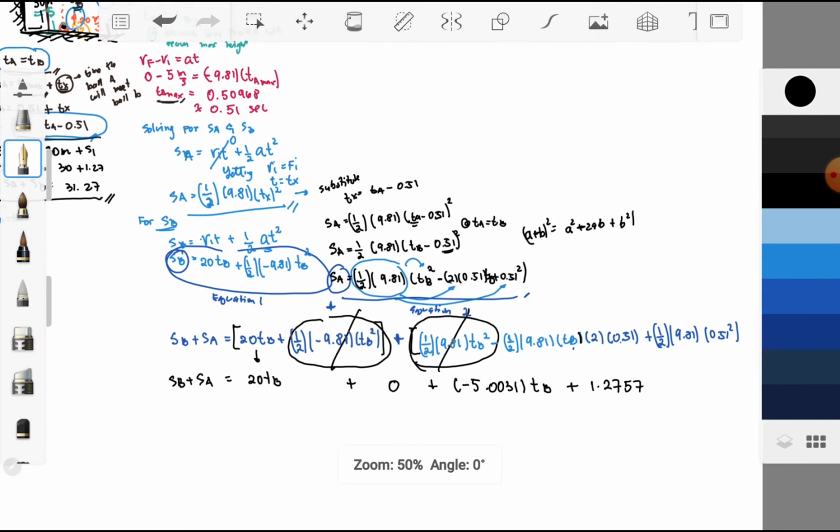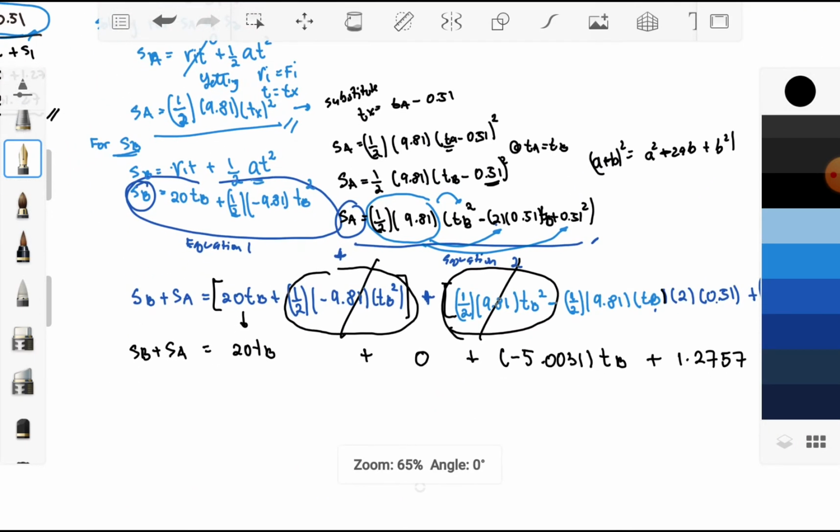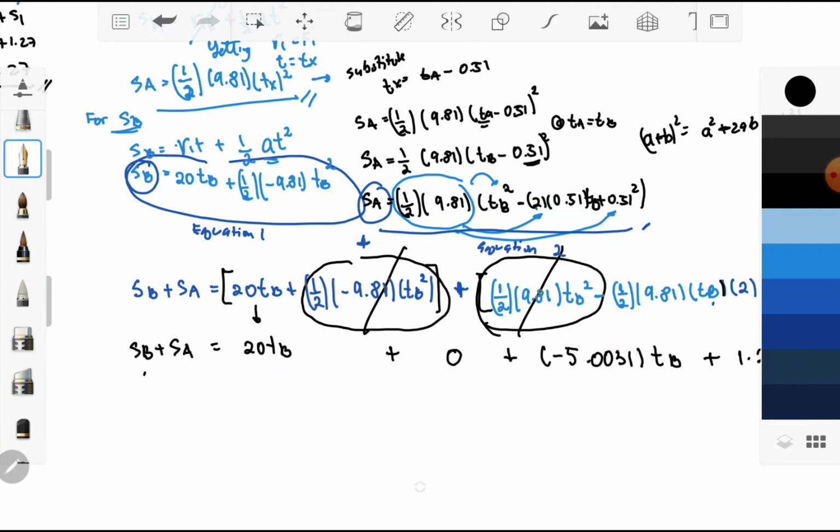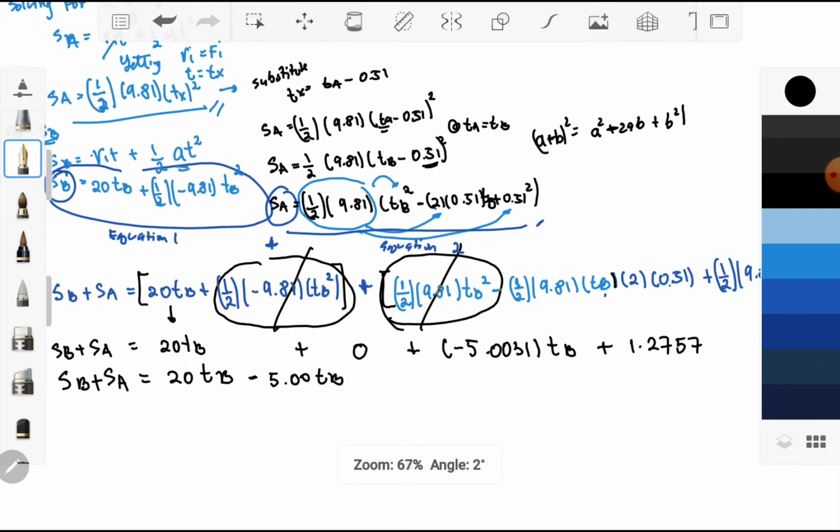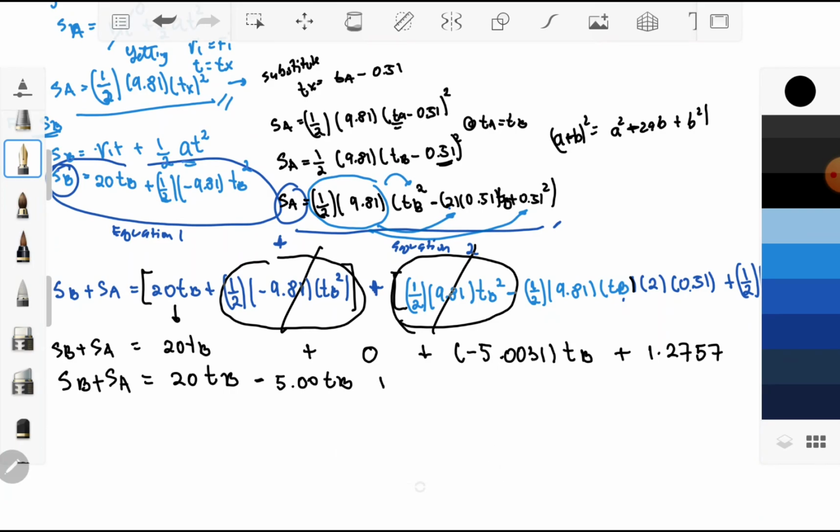So the equation will be further manipulated as SB plus SA is equal to 20 TB plus 0, less 5 TB, since 5.00 TB is roundable to 5, plus 1.2757.